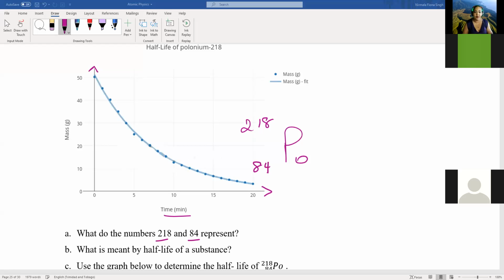What does 218 represent, folks? Or what does 84? Number and the atomic number. Okay, so 84 is the atomic number. And what particle does 84 tell us about? 84 will tell us how many of what things are in the atom.